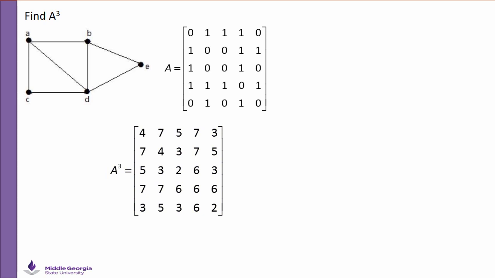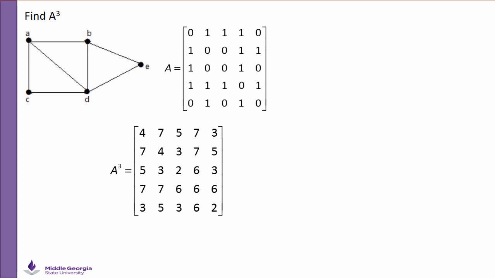So, for example, if you look at the 4 in the first row, first column, that would tell us that there are 4 walks of length 3, because we did A cubed, the exponent is a length, between A and itself. Well, what are those 4 walks? Well, the matrix tells us how many, not what they are.